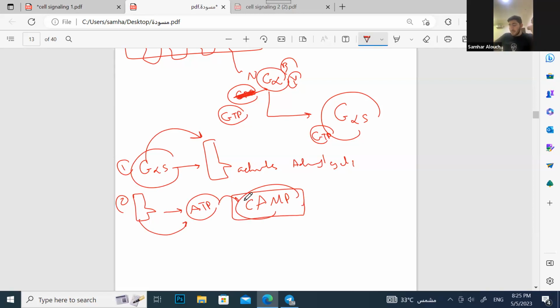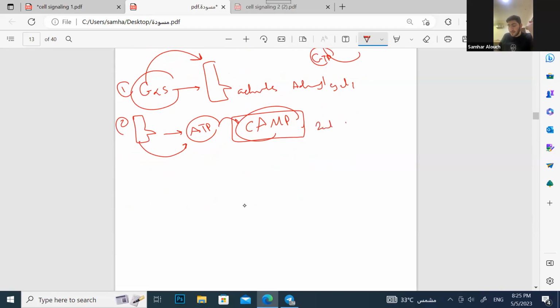Now cyclic AMP is a secondary messenger, meaning that it will go and activate another enzyme. So the secondary messenger here is cyclic AMP, not adenylyl cyclase. Adenylyl cyclase is an enzyme that got activated and formed cyclic AMP.